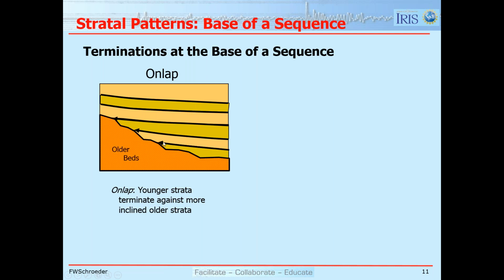Let's call these reflections. Maybe this is a peak, it terminates. The next peak on my seismic terminates, the next one terminates. If the terminations are on reflectors that are at a gentler angle than the surface against which they terminate, we call that onlap termination.